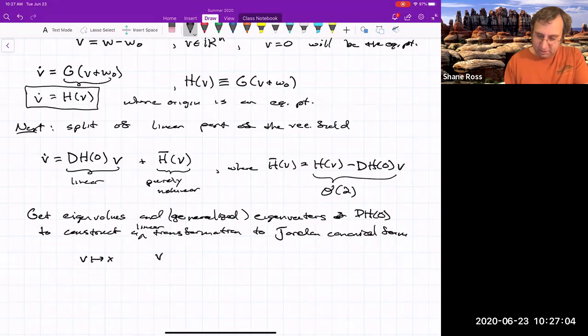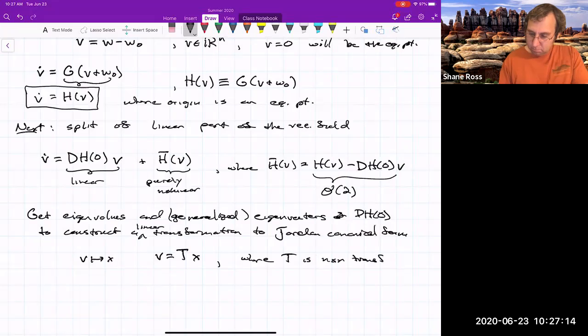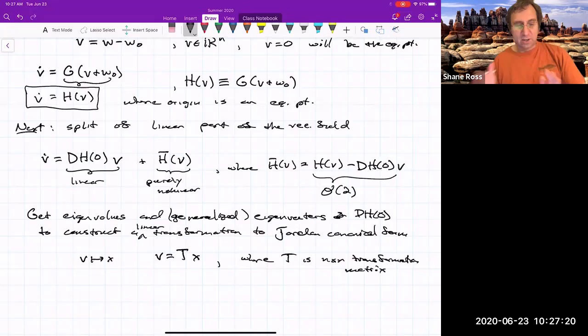And we define it as V equals some transformation matrix T times X, where the columns will be chosen as the generalized eigenvectors.